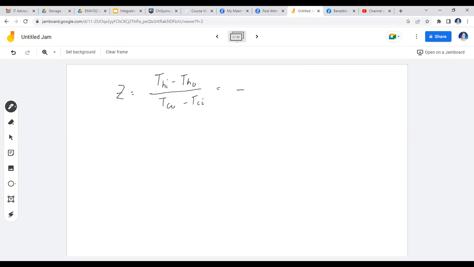Now, we'll place the values there later. I'll just place the formula here. As for the Y, we'll have the outlet temperature of the cold fluid minus the inlet temperature of the cold fluid. The denominator is the difference of the inlet temperature of the hot fluid and the inlet temperature of the cold fluid.